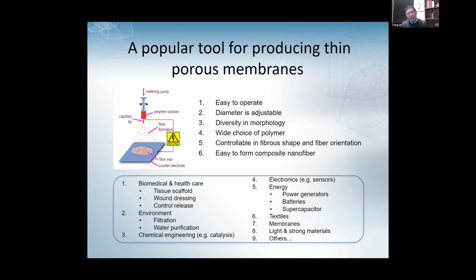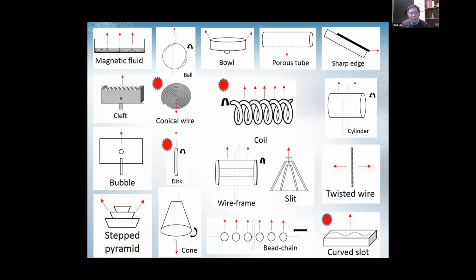About 15 years ago, people realized this simple design is not able to manufacture nanofiber on large scale. So people tended to develop a special design, which we later called needleless spinning.